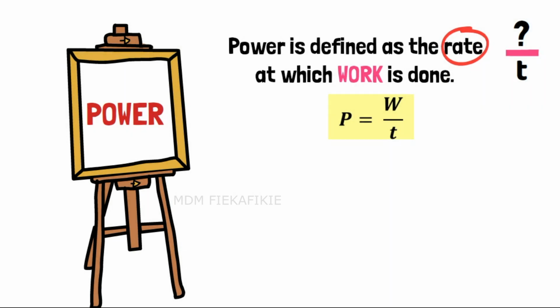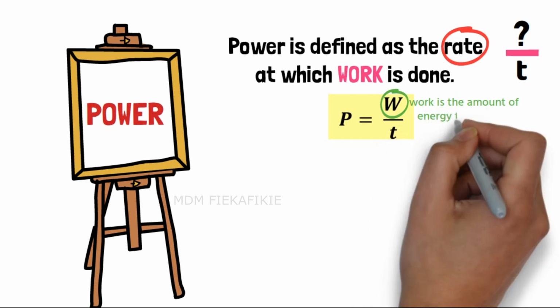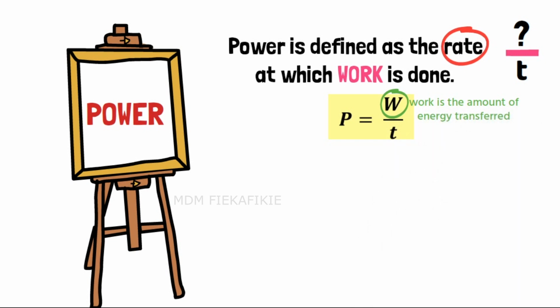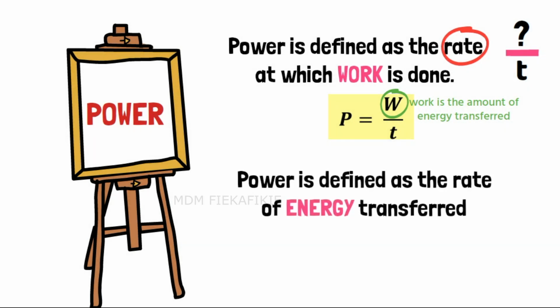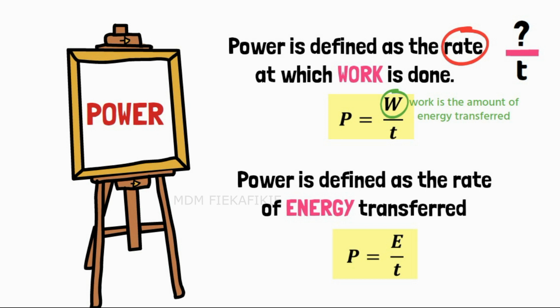So W is work, and it is the amount of energy transferred. So bila sesuatu sistem atau objek melakukan kerja, means that there is an amount of energy transferred. Since work is the amount of energy transferred, we also can define power as the rate of energy transferred. Jadi equation power juga you akan jumpa P is equal to E over T, since power is also defined as the rate of energy transferred.